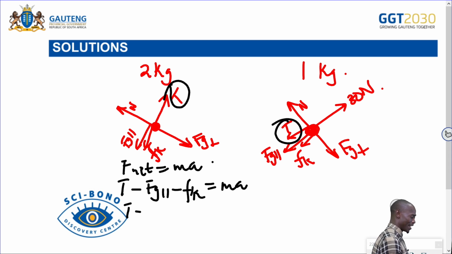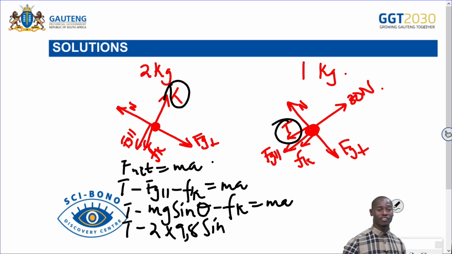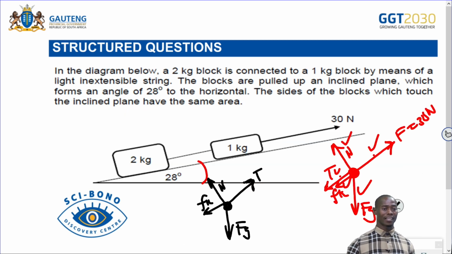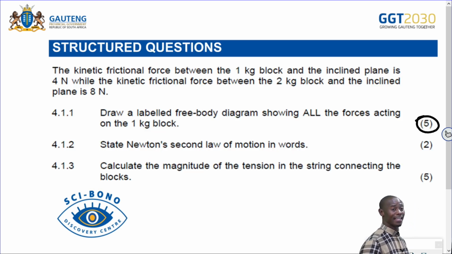Then tension minus Fg parallel, which is given by mg sine theta, minus Fk equals ma. The mass here is 2 times 9.8, then sine of the angle of inclination, which is 28 degrees, minus Fk. Let's read again: the kinetic frictional force between the 1 kilogram block and the inclined plane is 4.